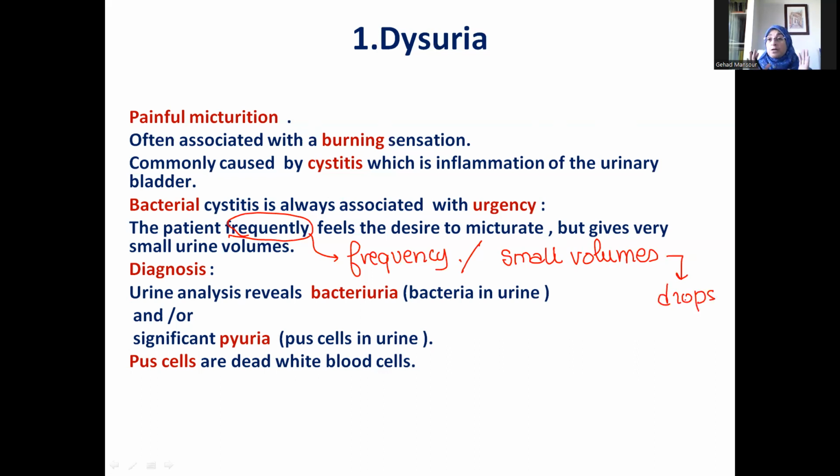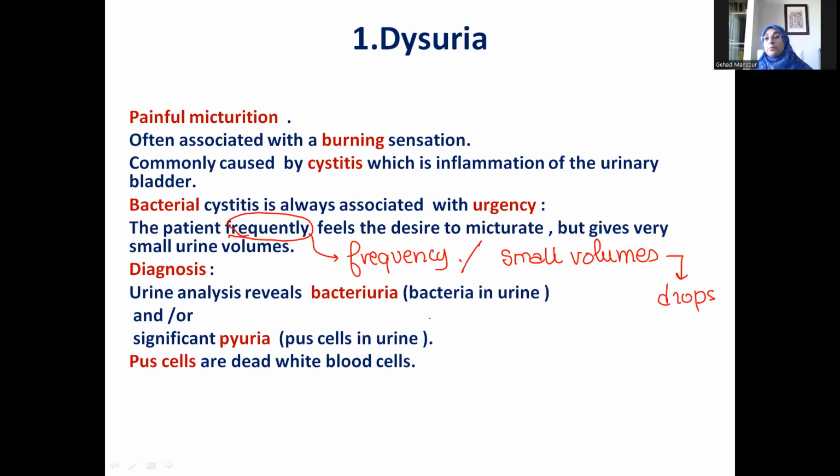So you feel that the bladder is full, you feel an intense desire to micturate, however, you give minimal drops of urine. And in addition to this, you have this feeling every now and then.